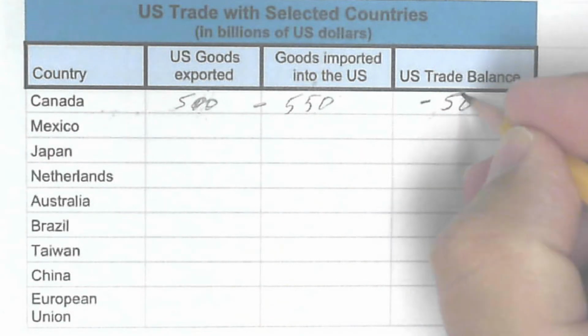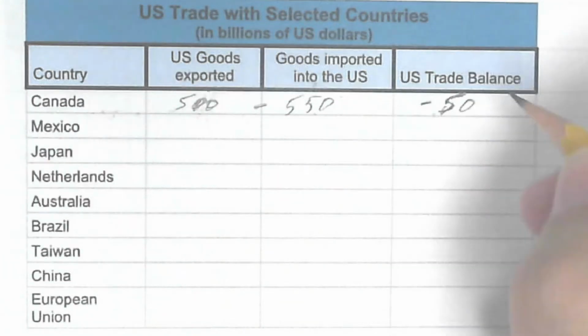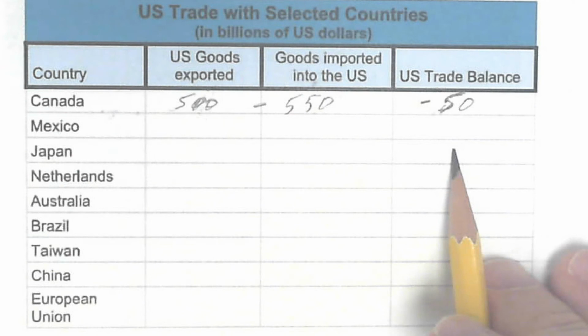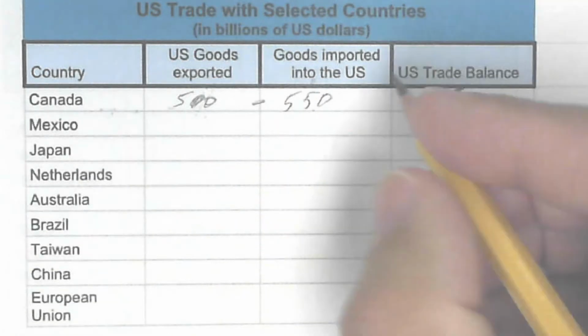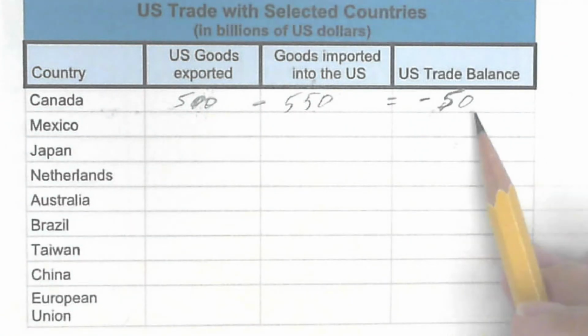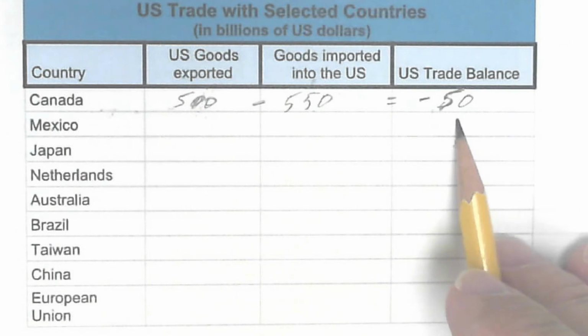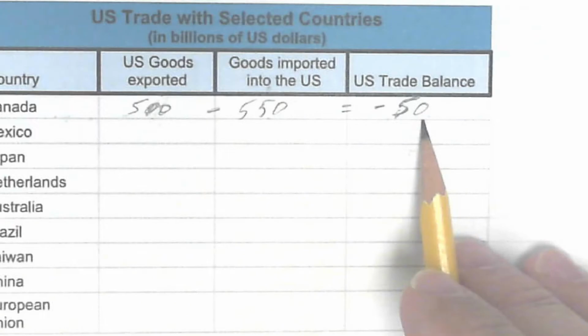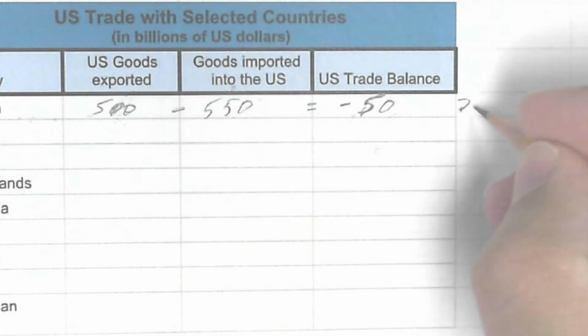So the trade balance is negative 50. Put a little equal sign here. So that would be a trade deficit. Whenever you have a negative, that's a deficit.